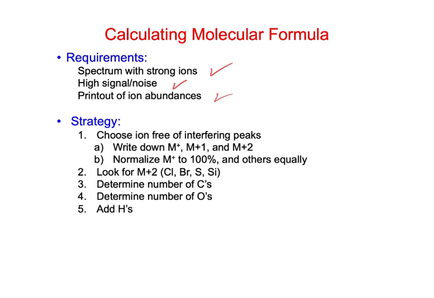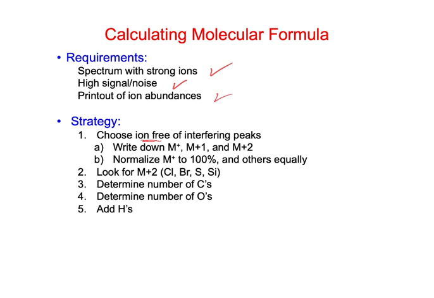All right, so the approach is going to be, we're going to choose some ion. Could be the molecular ion, could be some other fragment ion, but it has to be free of interfering peaks. If we have overlapping ions, and different ions are contributing to the abundance of a given peak, then that's going to be very hard to calculate.